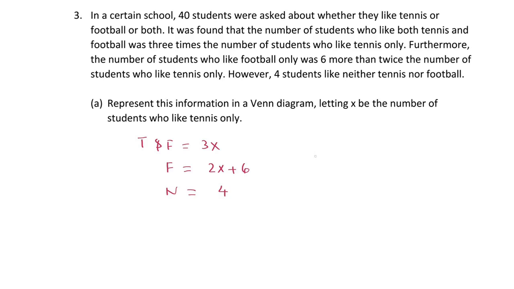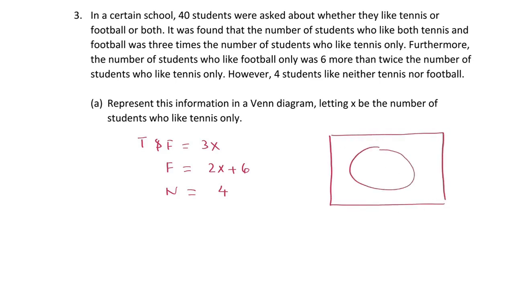Okay, so we are going to sketch our Venn diagram. We are going to draw a rectangle, and then we are going to have 2 circles, one for tennis and the other one for football. Okay, so now let us label our Venn diagram.